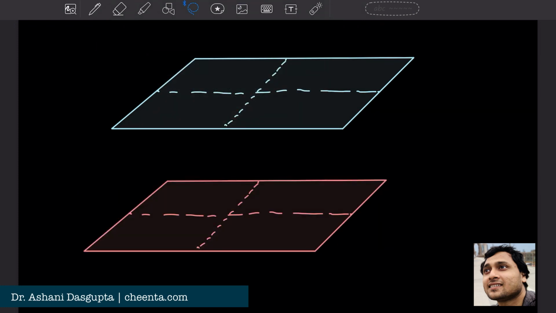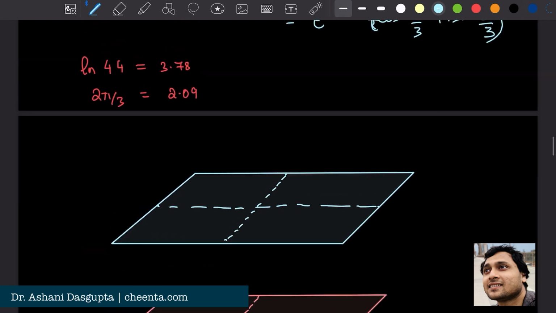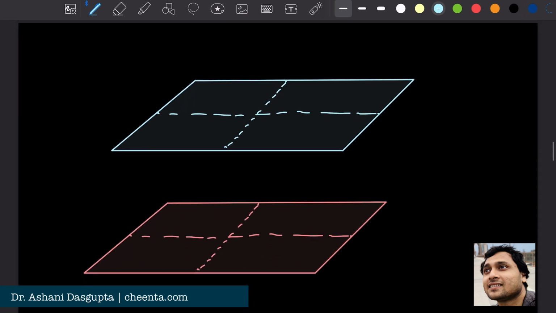So in the top plane, when the input is approximately 3.78 and 2.09, maybe it is somewhere here, and 2.09 is like this.